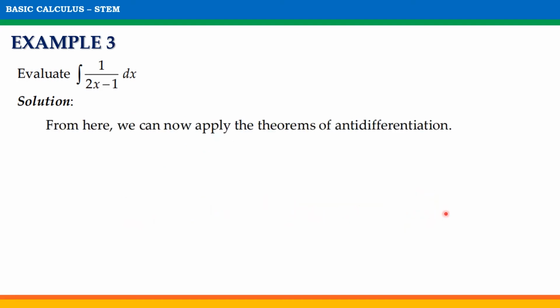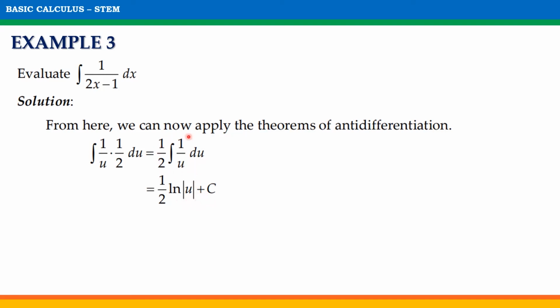From here, we can now apply the theorems of anti-differentiation. The indefinite integral of 1 over u times 1/2 du is equal to 1/2 times the indefinite integral of 1 over u du. Remember that the indefinite integral of 1 over u du is equal to ln absolute value of u plus c.